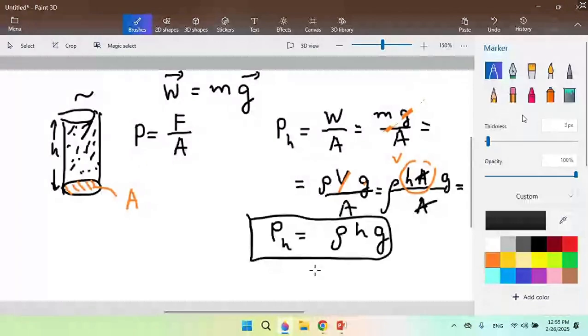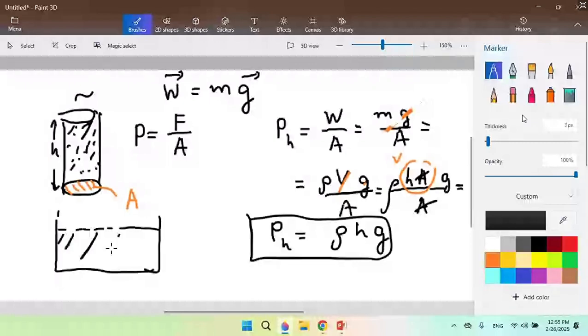So let us consider some container, for example, let it be an open one, and suppose the fluid is poured inside that container, and filled to some depth or height, and let us ask a question.